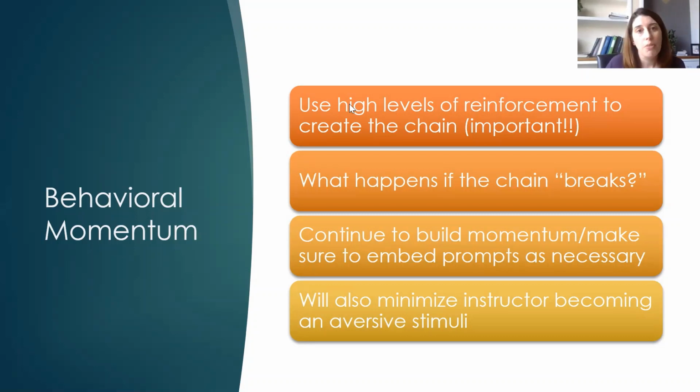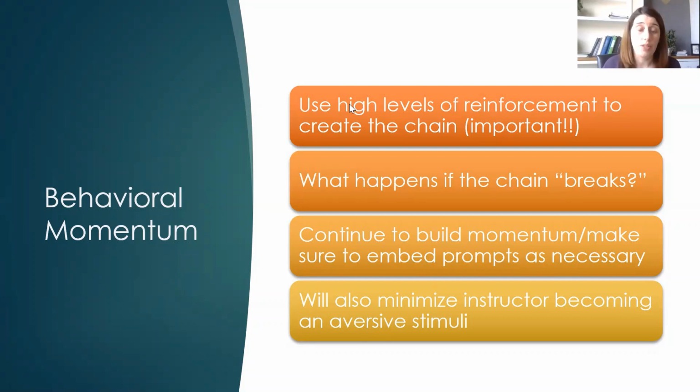By using behavioral momentum, you also minimize the instructor becoming an aversive stimulus. Here's what that means. If you have a student who, again, is flopped on the floor and is really not transitioning to this bus, if you have another staff come in and just say, it's time for bus, and swoop them up and continue moving, chances are that that instructor is going to be considered an aversive stimulus by your student.